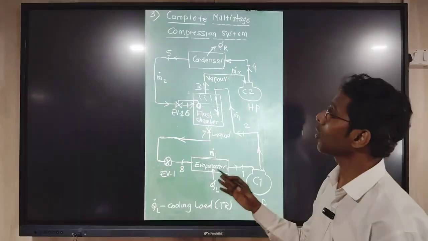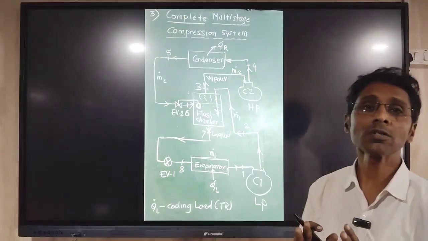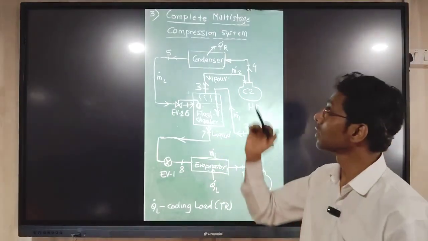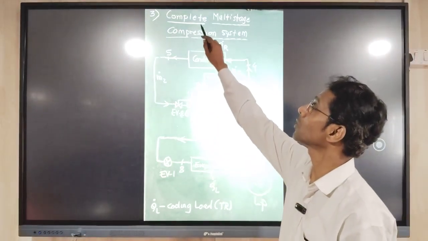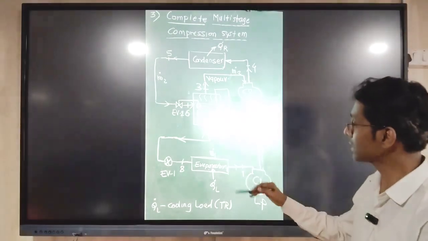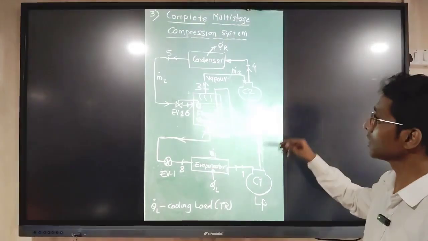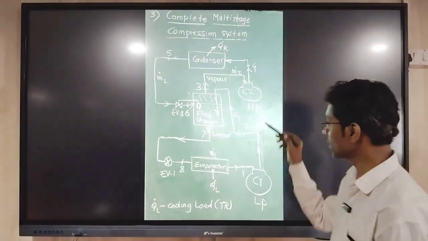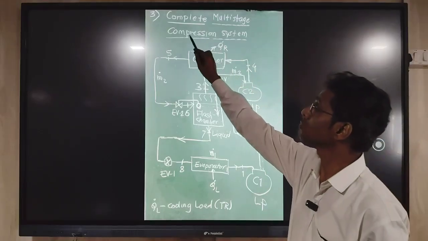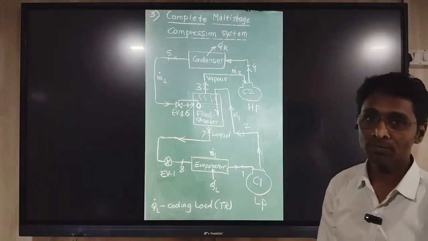That is why we call this system a combination of flash gas removal and intercooling method, and its name is complete multi-stage compression system. As we are using up to two compressors here, this system becomes a two-stage complete compression system.